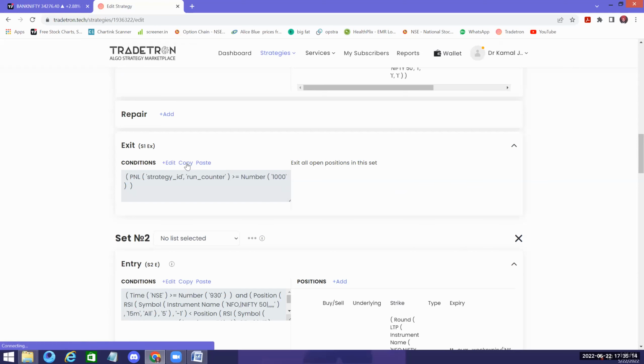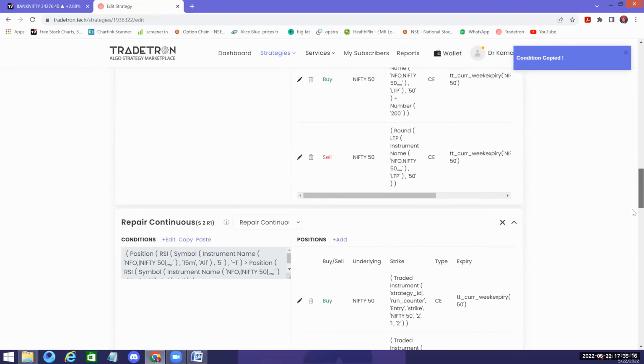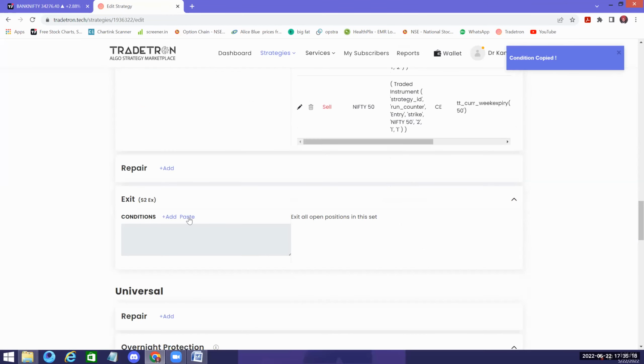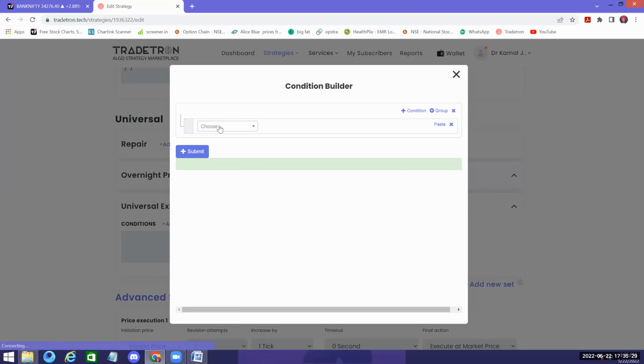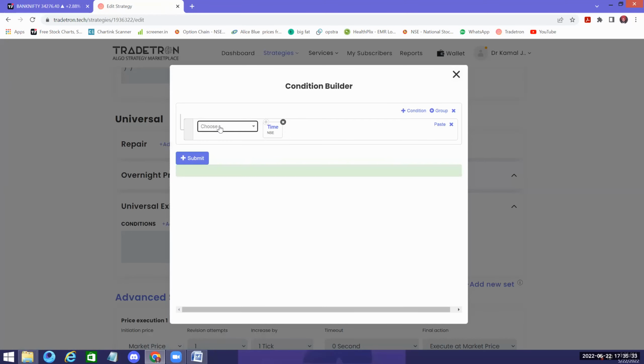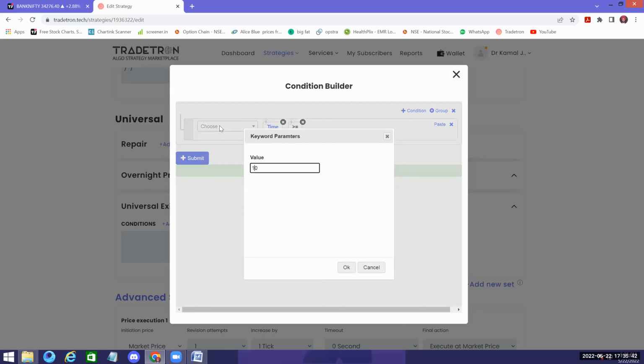So now again, we will copy this exit if you want. If somebody says I only want a good profit and I'm done, if the strategy profit is greater than 1,000, we just exit it. And universal exit is, you can take any time you want. Time NSE greater than equal to 1520.